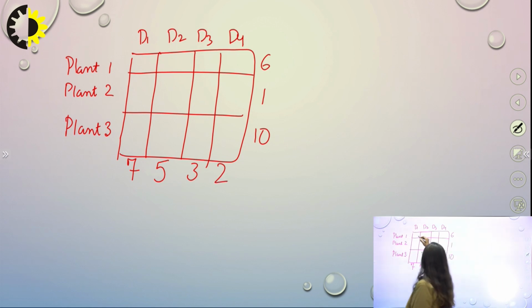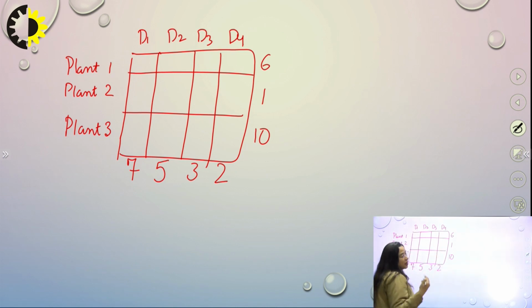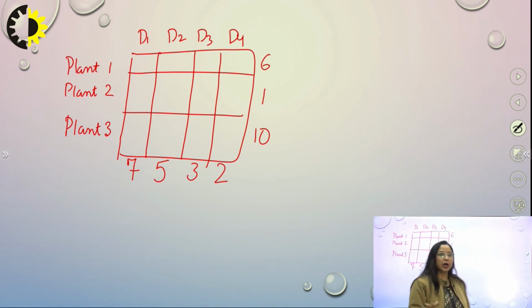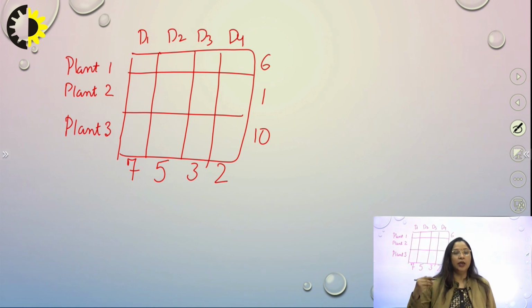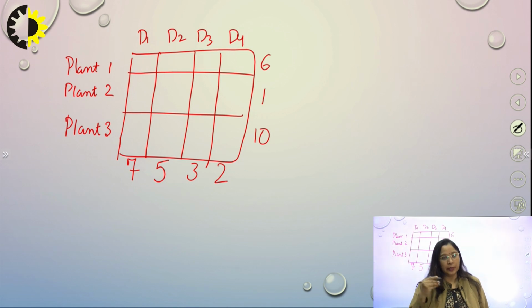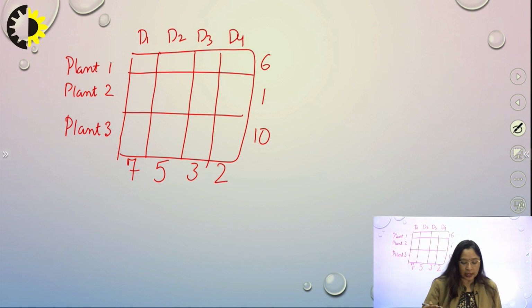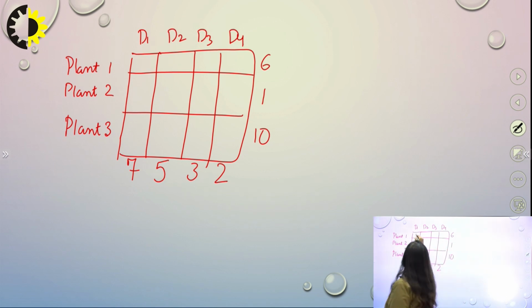These cells are the costs associated with transporting milk from plant 1 to distribution center 1. If we want to distribute our milk from plant 1 to distribution center 1, then the cost incurred is 2.